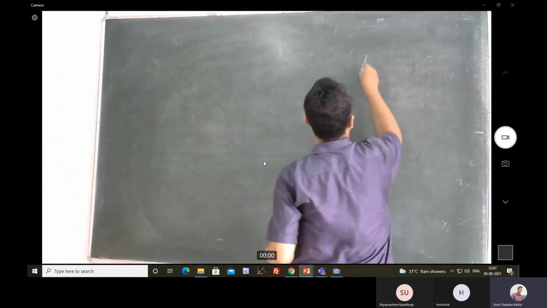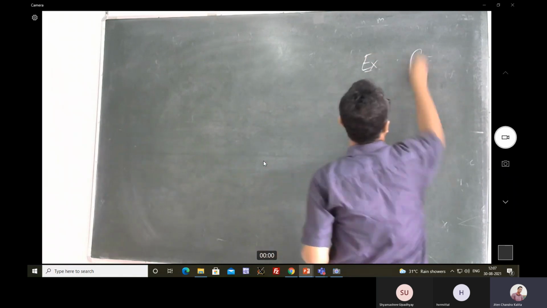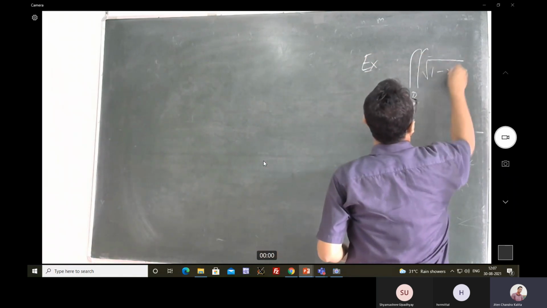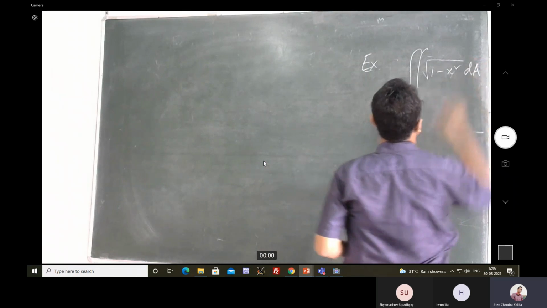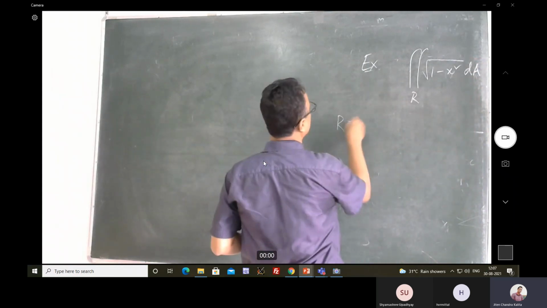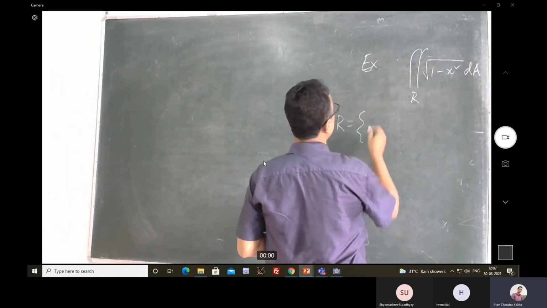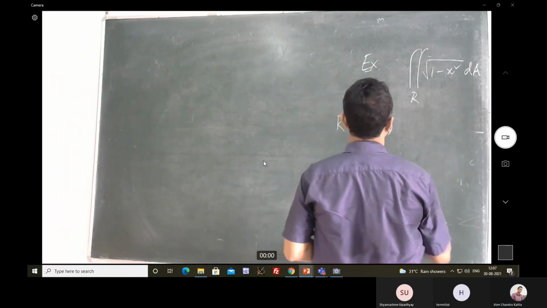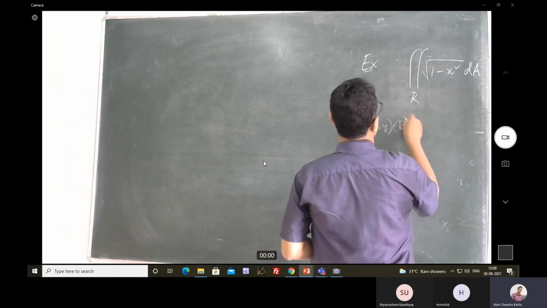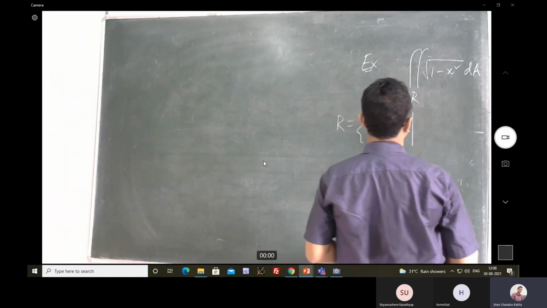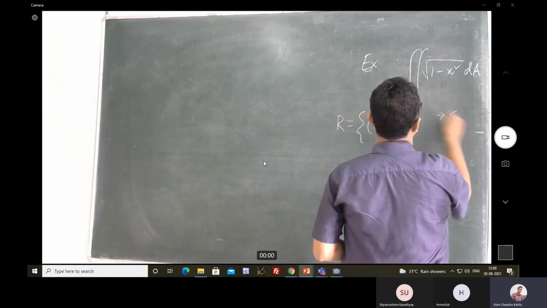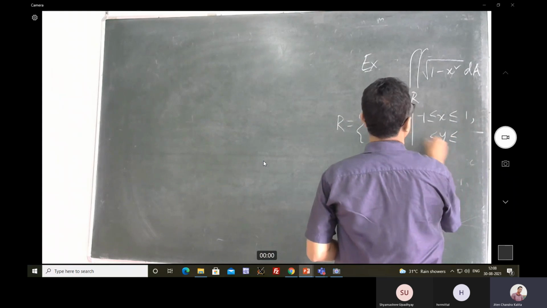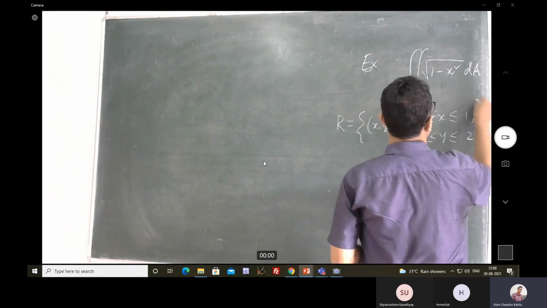It is about evaluating this double integral, where this region R is given by R2 such that x lies between -1 to 1, y lies between -2 to 2.